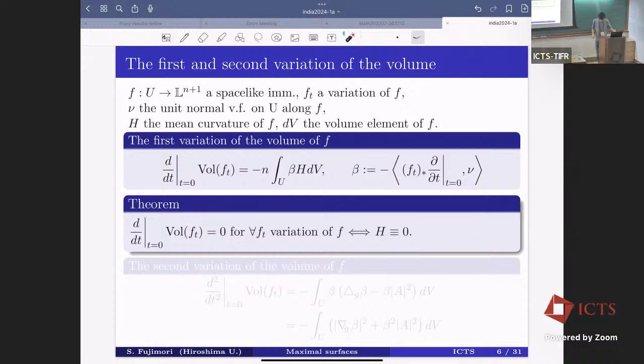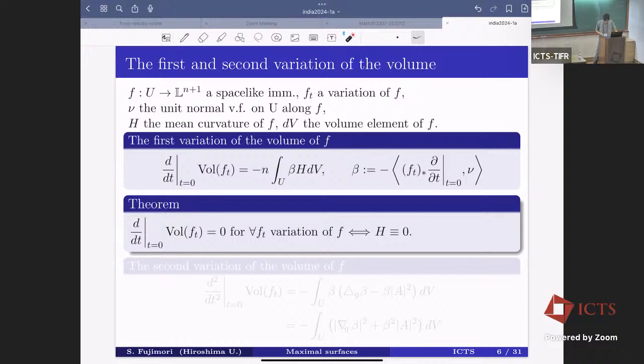Okay. And then also, at least if the mean curvature of f vanishes identically, then the first derivative is equal to 0 at t equals 0. So it can be maximal, volume maximized, or volume minimized, or some stationary point.